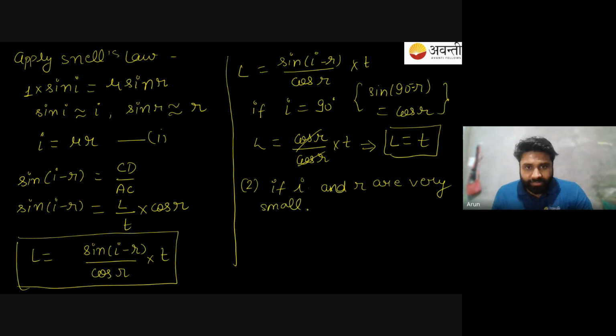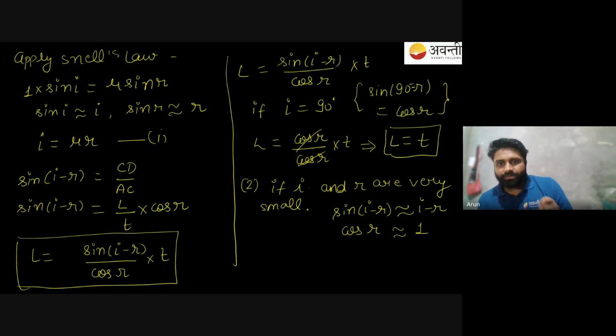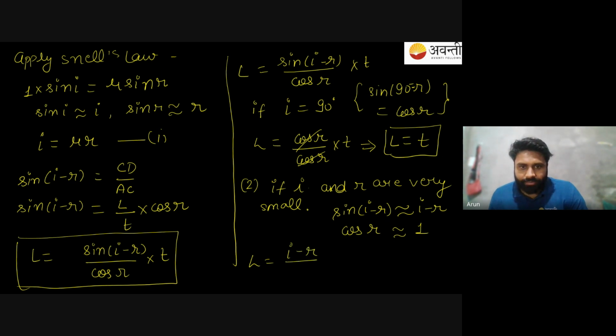So sine(i minus r) is approximated as i minus r, and cos r is approximated as 1, because as r is very small, it is nearly 0, and cos 0 is nothing but 1. So L is equal to i minus r divided by 1, into T.